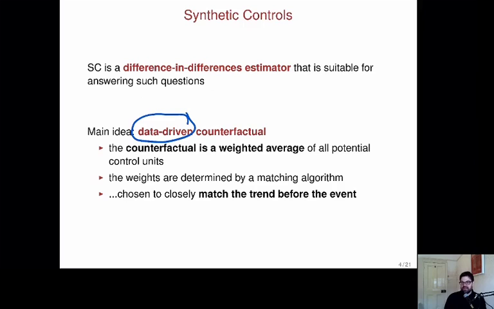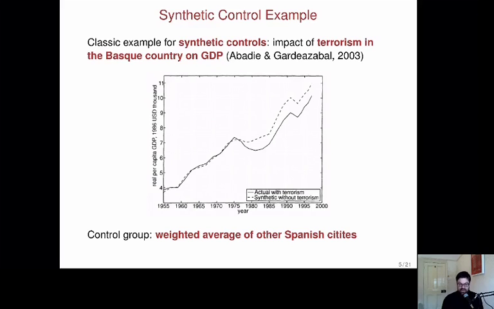And the counterfactual is a weighted average of the outcomes of all those control units. And these weights are chosen by the algorithm such that the trend in the outcome before the event is matched in the best possible way. Now, I'll show you an example to illustrate what I mean by that.